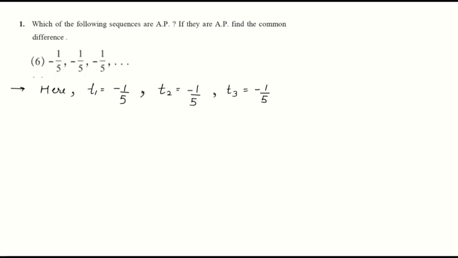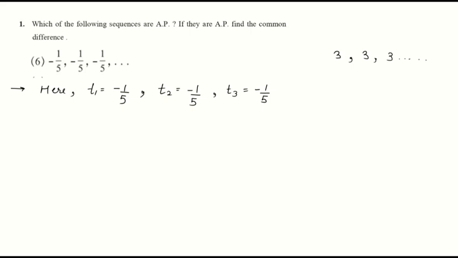Sixth question. We have minus 1 upon 5, minus 1 upon 5, minus 1 upon 5 and so on. So here T1 is minus 1 upon 5 and T2 and T3 are the same, that is minus 1 upon 5. So let me give you an example first. In case we had the numbers 3, 3, 3 and so on, and we were asked to find the common difference, what would we have done?